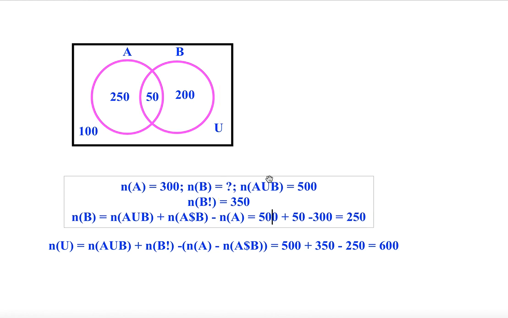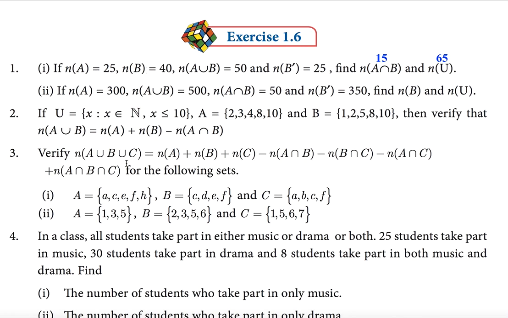So the problem is going to be simple. Once you draw the Venn diagram, you can easily figure it out. That is how to solve the problem. Fair enough. Second problem we can go. If U equal to x, x belongs to N, x less than or equal to 10, A is this, B is this, verify that N of A union B equals N of A plus N of B minus N of A intersection B. That you can easily do.